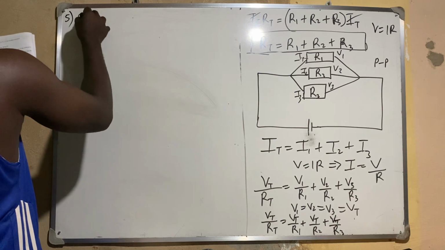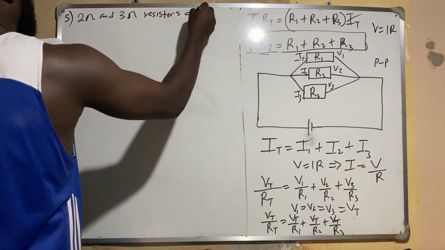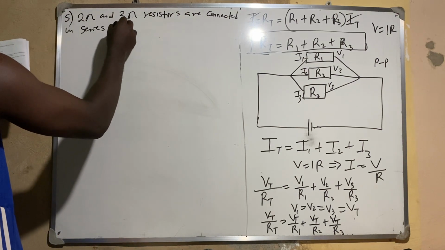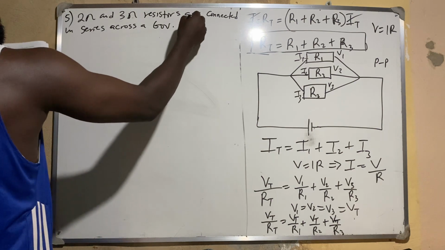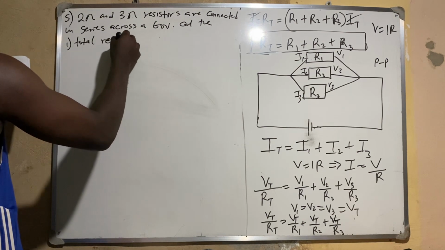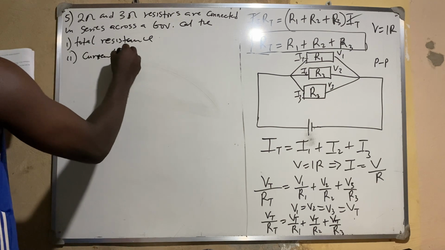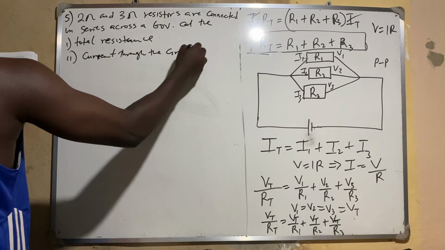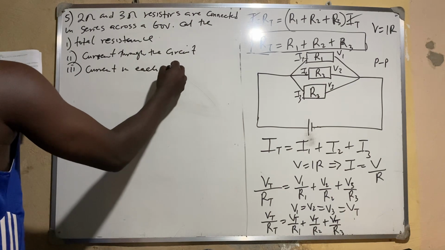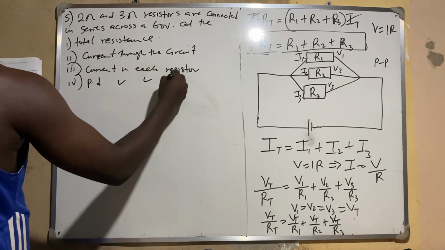Question number 5 says 2 ohm and 3 ohm resistors are connected in series across a 60 volt supply. Calculate I, the total resistance; II, the current through the circuit; III, the current in each resistor; IV, the potential difference in each resistor.